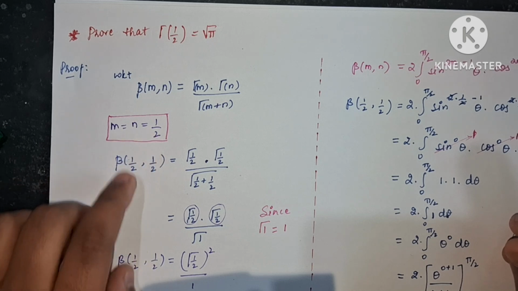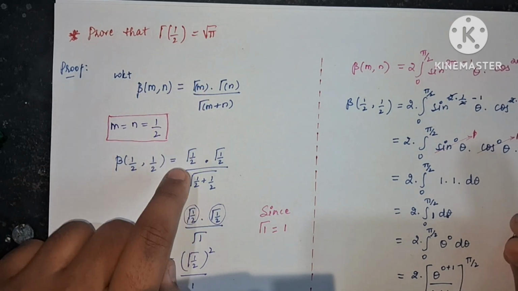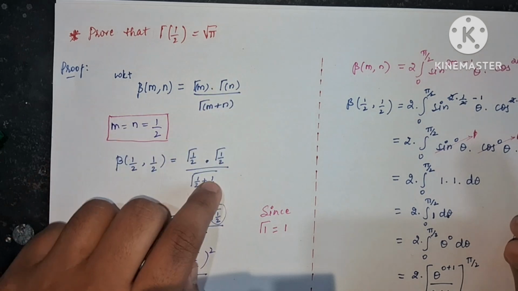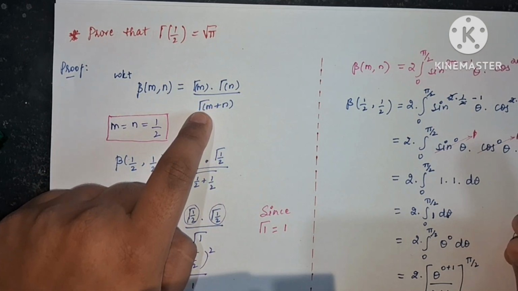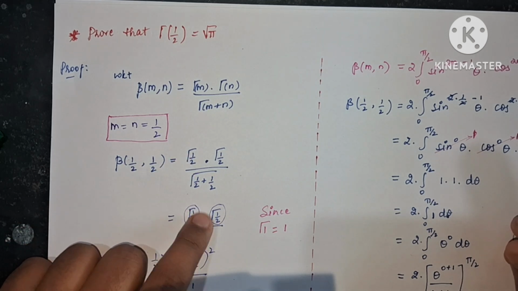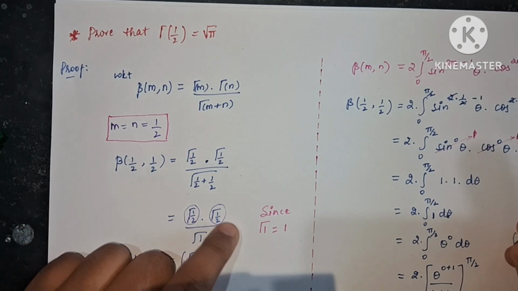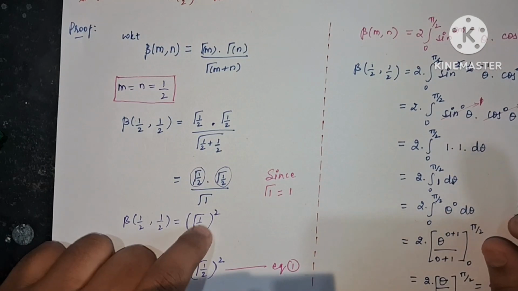So if I substitute 1 by 2 here, beta of 1 by 2 comma 1 by 2 becomes, in the position of m take 1 by 2, in the position of n consider it as 1 by 2. Substituting in this relation, in the numerator both the terms are same, so a into a is a square. So this becomes gamma of 1 by 2 the whole square.